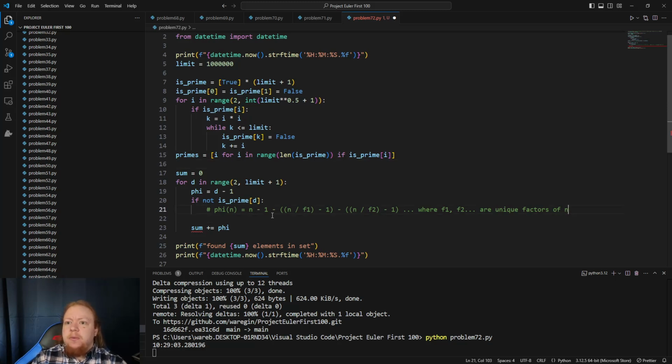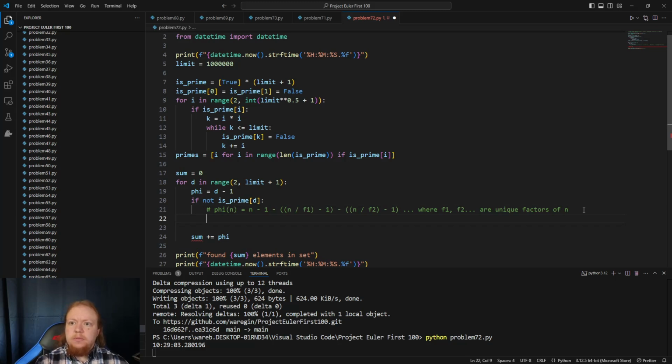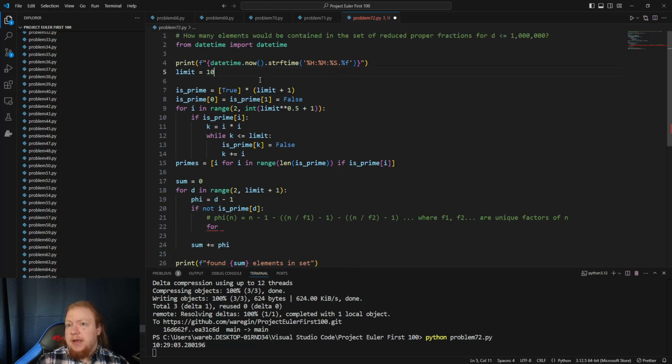Okay, so what I've done here is I've basically grabbed a list of primes. I'm going to set this limit down to 10 just so I can see if it is giving me the answer I expect.